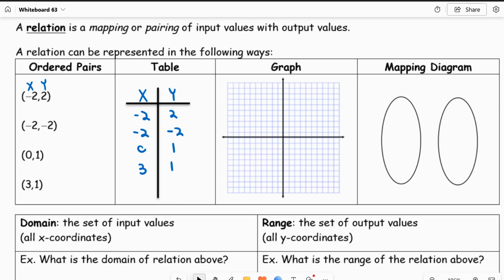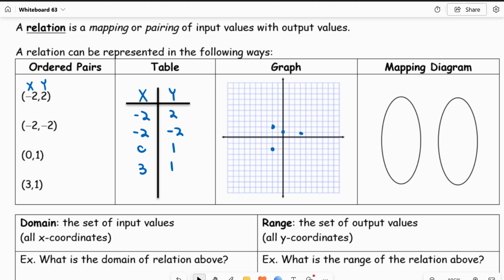If we wanted to graph these values, we could graph them as ordered pairs or from the table. So we have (-2, 2), (-2, -2), (0, 1), (3, 1). Remember, x is your left and right, y is your up and down.